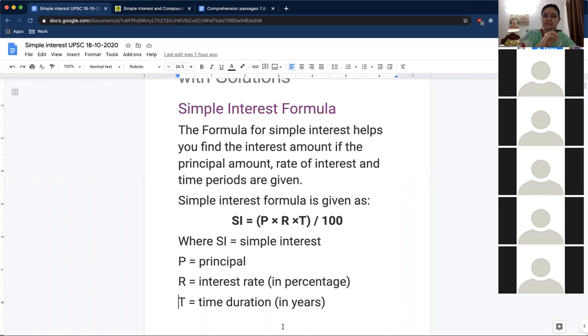Now what is the difference between simple interest and compound interest? For compound interest, suppose I put it very straight, you are taking 1,000 rupees at 10% interest. After 1 year, what is my interest? 10% means 100 rupees.